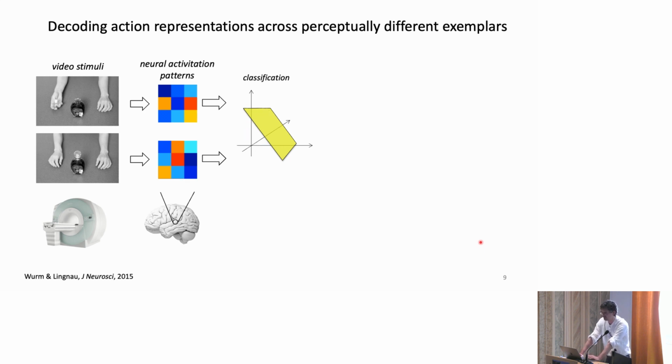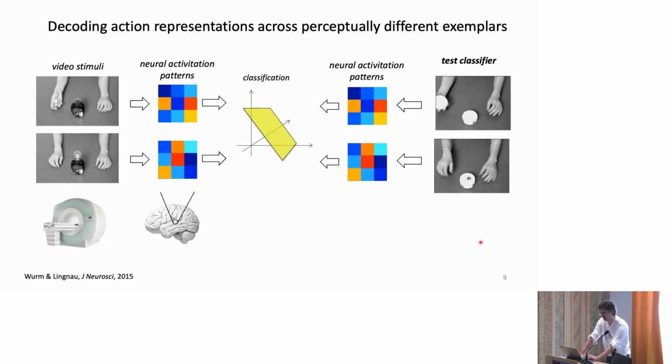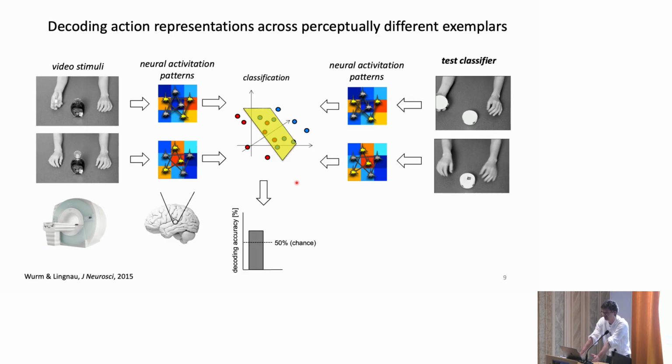Now, using a different stimulus set, where we showed actions that involve different objects, we again extracted the activation patterns and tested the classifier on its ability to discriminate these actions. These actions involve a different object and are carried out with different hand movements. And if there is a common representation that encodes these actions at an exemplar-general level, the activation patterns associated with these exemplars should be similar. And this should obviously result in successful classification.